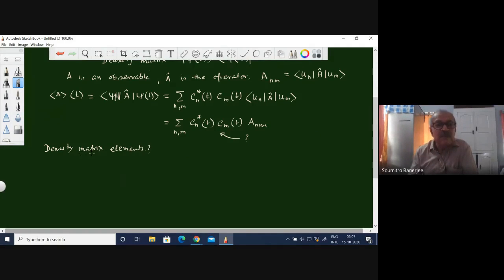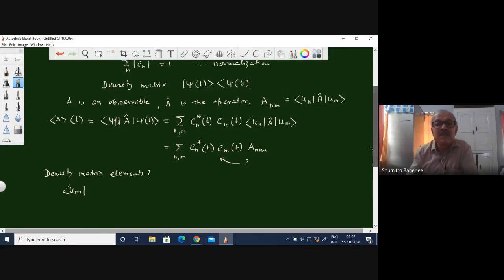The elements of any matrix are obtained as u_m, then that matrix, which was written as psi(t) psi(t), and then u_n.